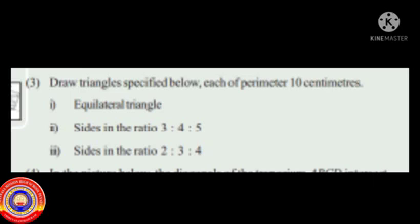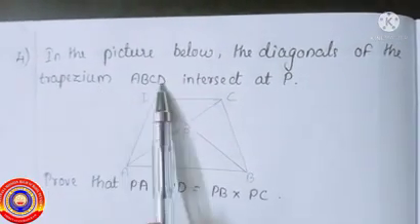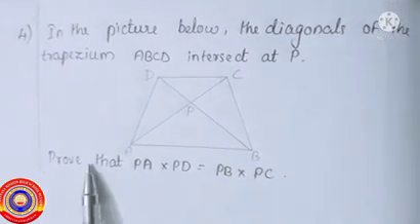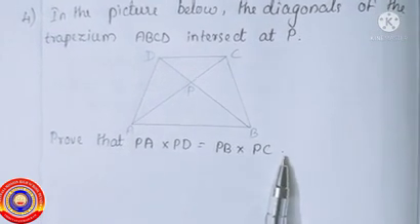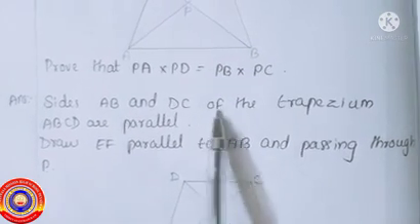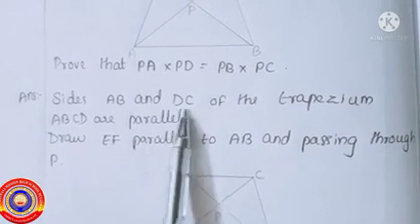Next question. In the picture below, the diagonals of the trapezium ABCD intersect at P. Prove that PA into PD is equal to PB into PC. Here the sides AB and DC of the trapezium ABCD are parallel.